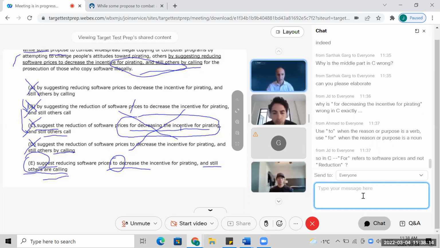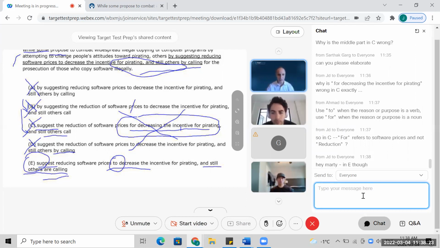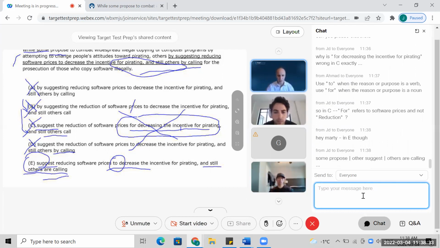Sneaky parallelism. So as I was saying, sometimes they'll sneak it in because they're not always going to put it front and center, especially on the harder questions. I see them do this so often. It's something like not only but also somewhere in there, or they put a list somewhere in the sentence, and you don't notice it. So that's the whole noticing part of this test, is we really have to notice when they do that.